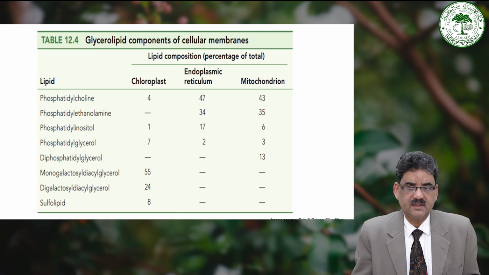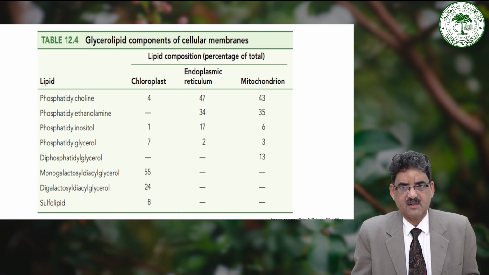In photosynthetic tissues, chloroplast membranes constitute 70% of the membrane lipids and are primarily composed of glyceroglycolipids.